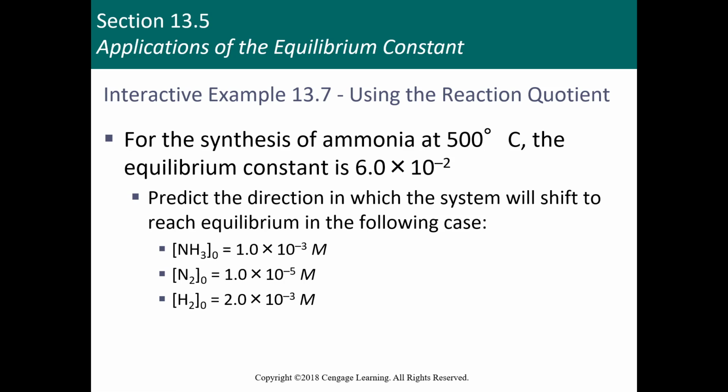So for the synthesis of ammonia at 500 degrees Celsius, the equilibrium constant is 6 times 10 to the negative 2. Predict the direction in which the system will shift to reach the equilibrium in the following case. Right here you have your initial concentrations. Remember that 0 means at time 0, or initial. This is just one way you can write initial.